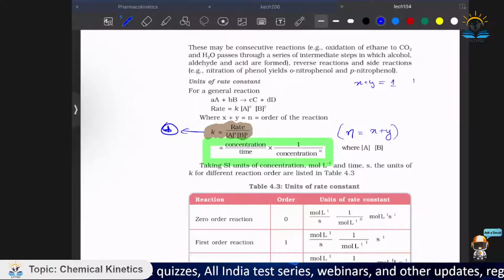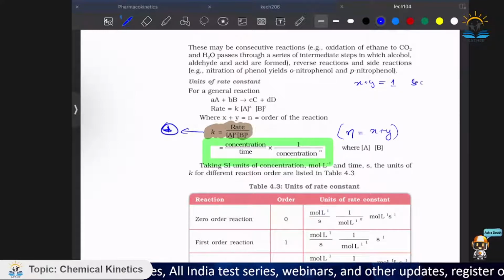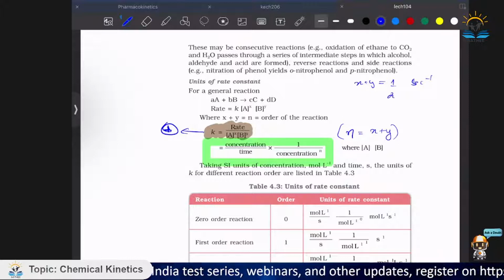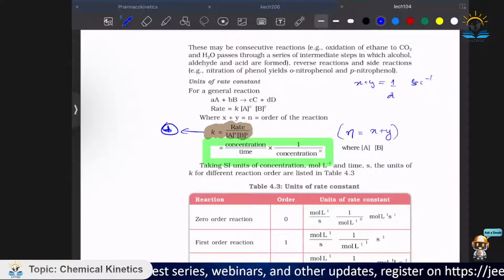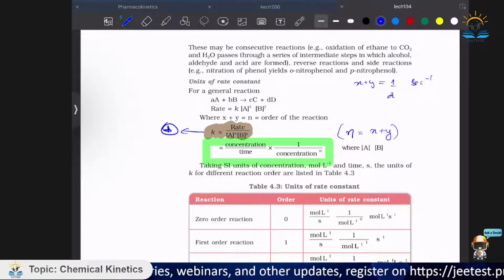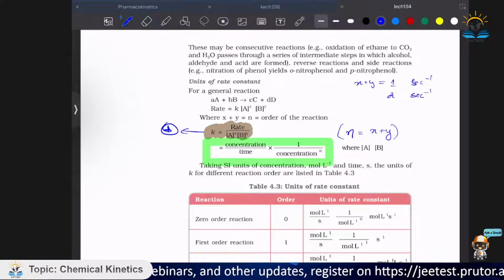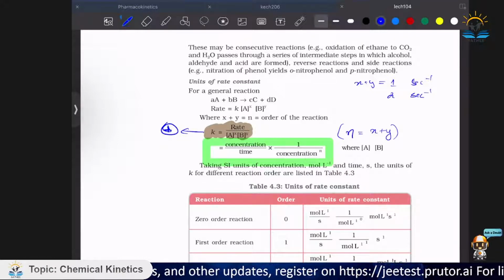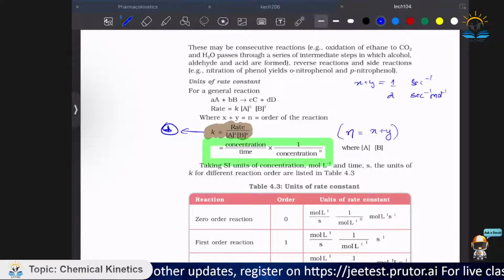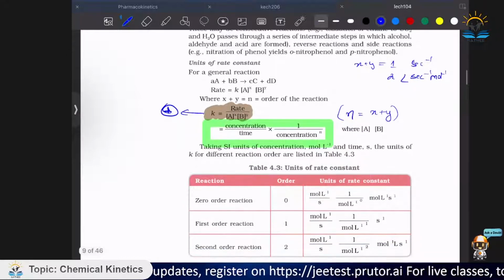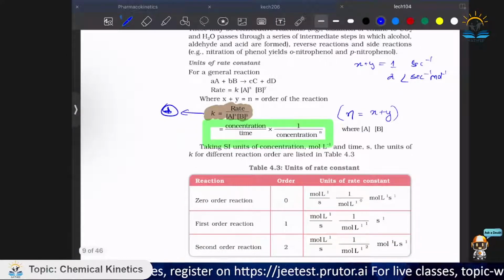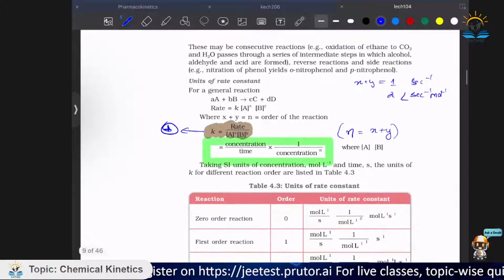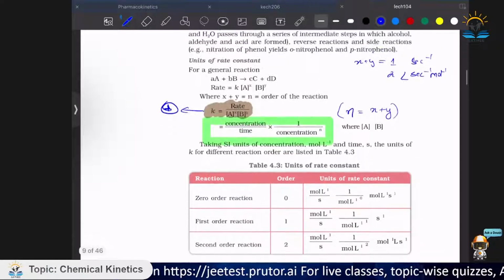So the unit will be second inverse. If it is 2, then the unit will be second inverse moles inverse liter. This is how you are going to find out.